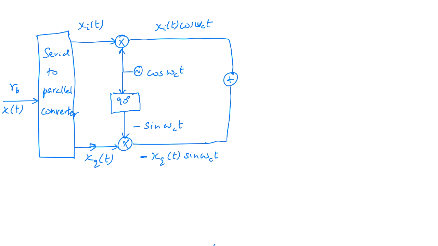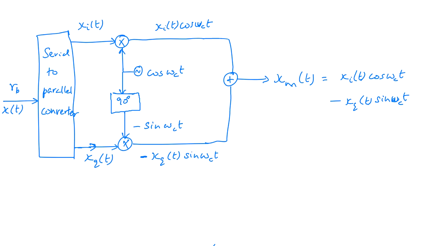When you add the two, you get the modulated signal, which we'll call xm of t, which is simply xi of t cosine omega ct minus xq of t sine omega ct. Okay, so the modulated signal is xi of t cosine omega ct minus xq of t sine omega ct.